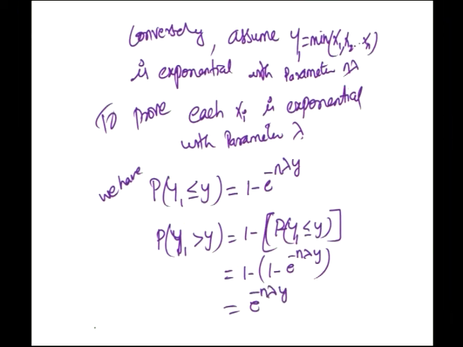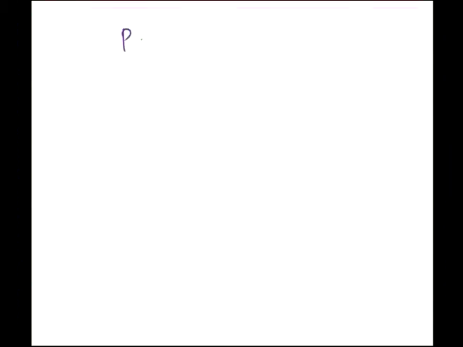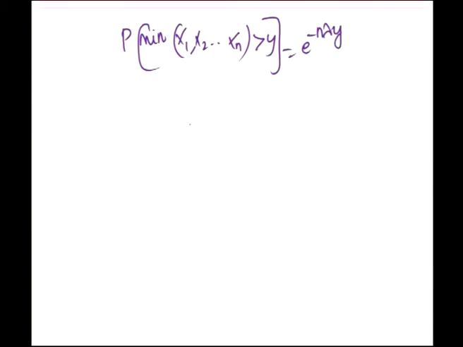Now, we are saying that the minimum of X1, X2, etc. up to Xn greater than y is equal to e^(-nλy).